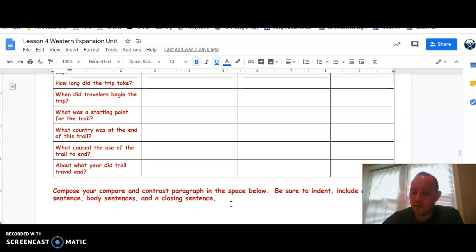Try to use transition words: the first difference, the second difference, another difference, did you know that, in addition to. Organize your sentences that way. Finally, restate the purpose of your paragraph in your closing sentence. Are you telling us about differences? Are you telling us how similar they are? Or are you telling us about similarities and differences? Just wrap it up with a nice closing sentence.